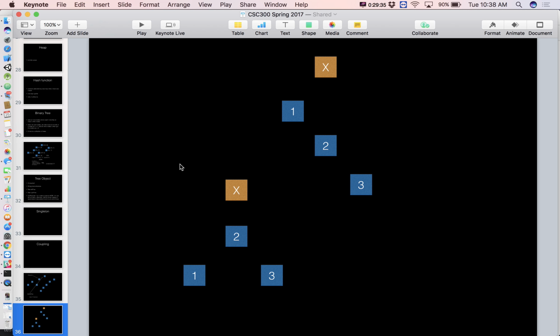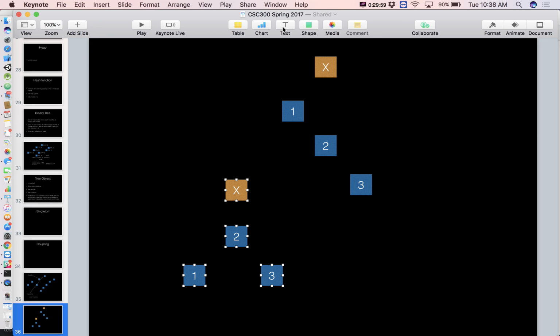That's my goal. I need to turn this into this. How do I do that? What are the steps required to do that? Probably want to save the 1 in a temporary variable so you don't lose track of it. Okay, so we need to preserve this guy.